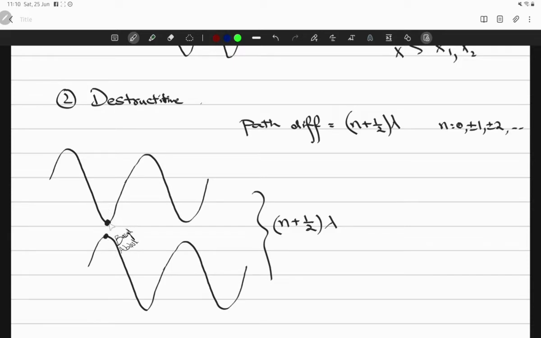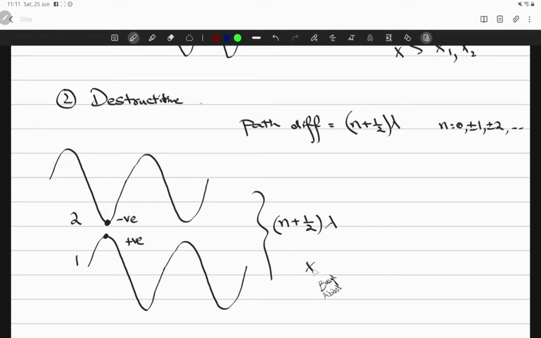If I add these two, because this is in the up direction, this would be some positive value, and because this is in the opposite direction, it's downwards, so this would be a negative value. Let's just call this 1 and this 2.